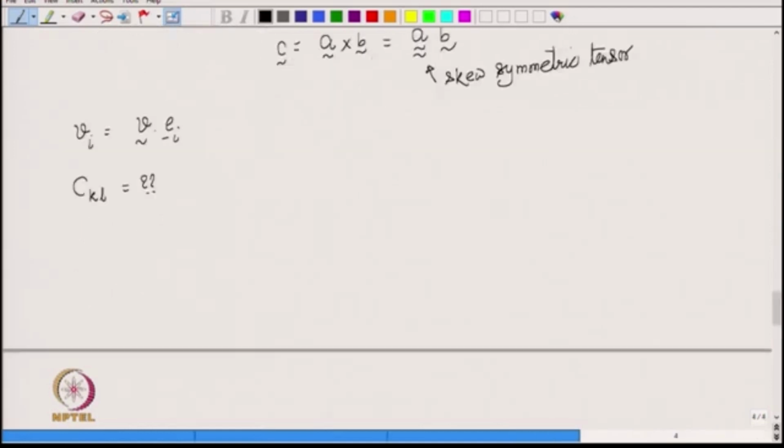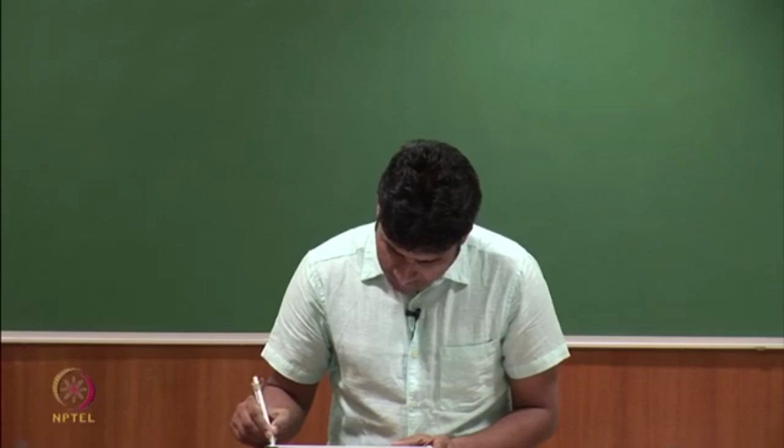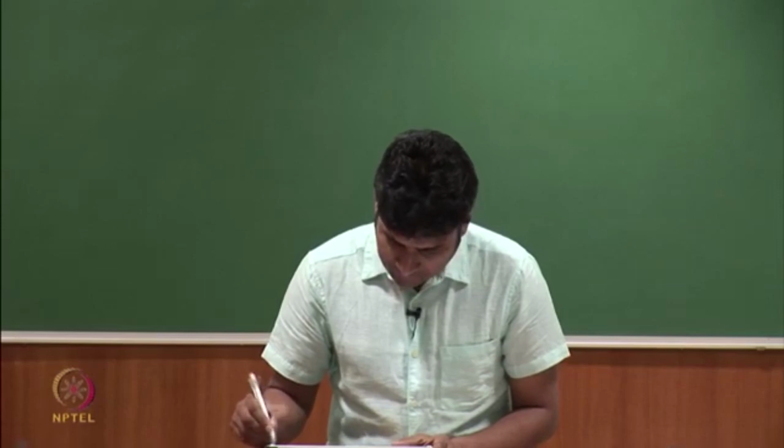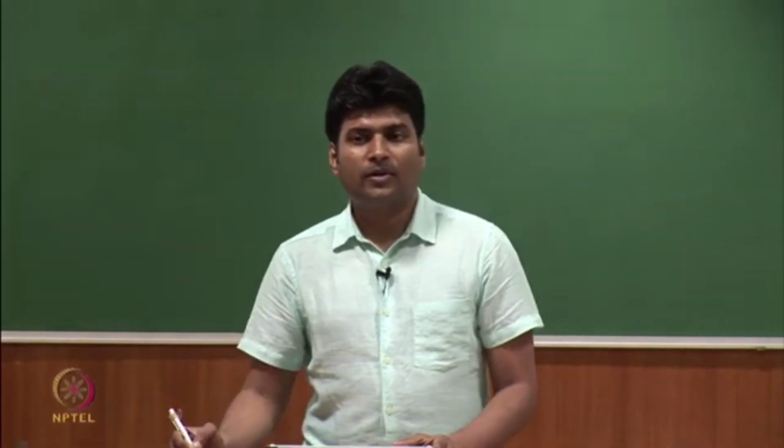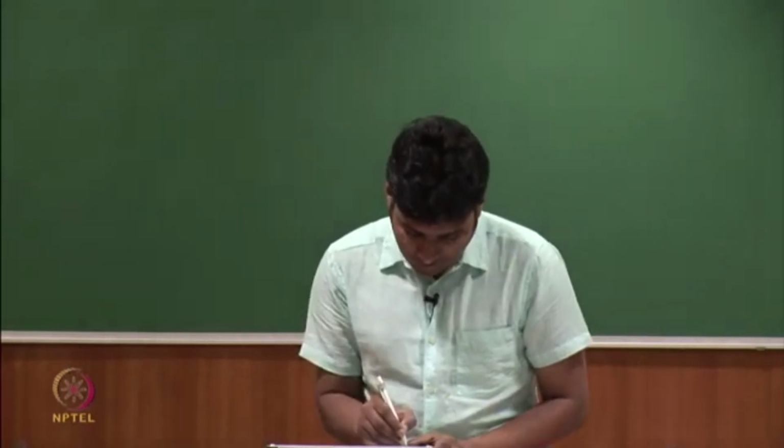Okay. So, we are going to work that out. So, I will prove to you that C_kl is actually C e_l dot with e_k. Can you see how you could get that formula? Suppose I want C12, okay. Let us see for C12.